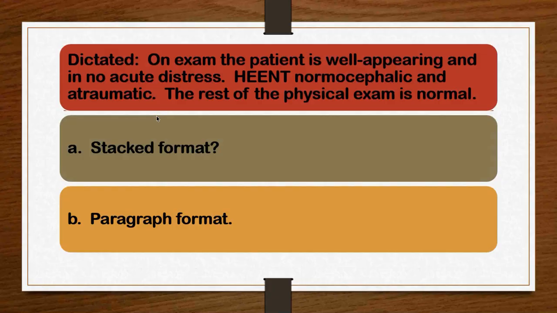Okay, how about a little formatting for the physical exam? On exam, the patient is well appearing in no acute distress, HENT, normocephalic, and atraumatic. The rest of the physical exam is normal. A or B?